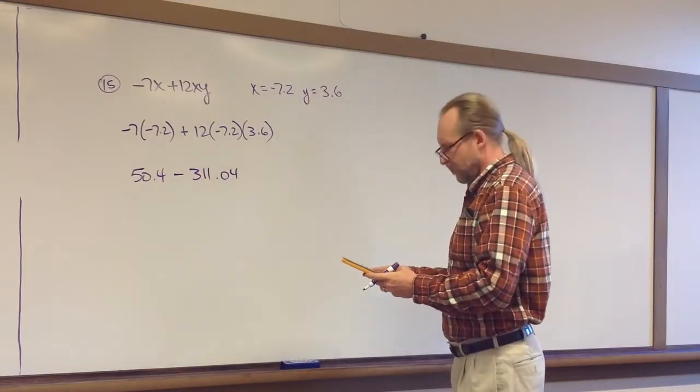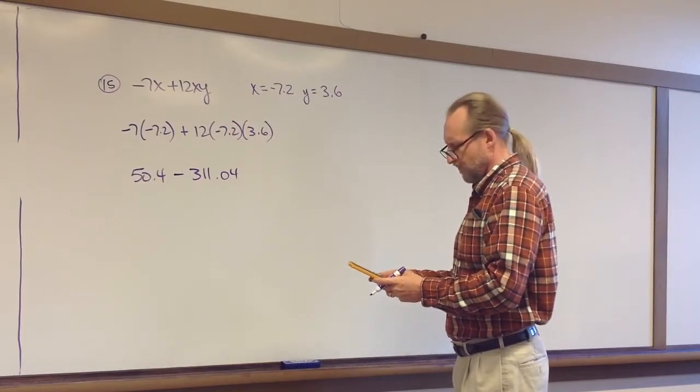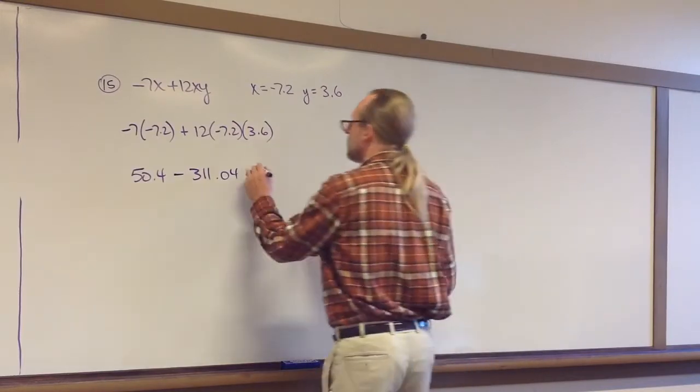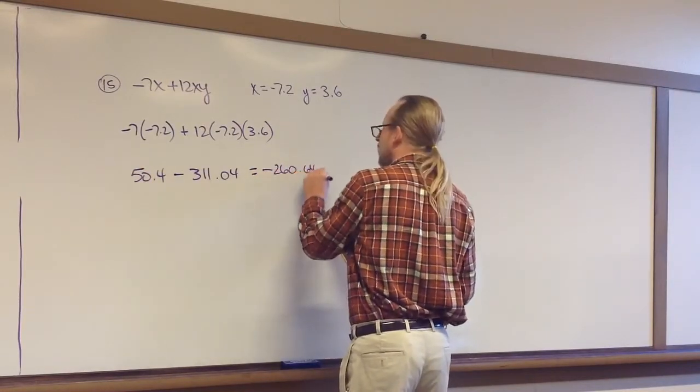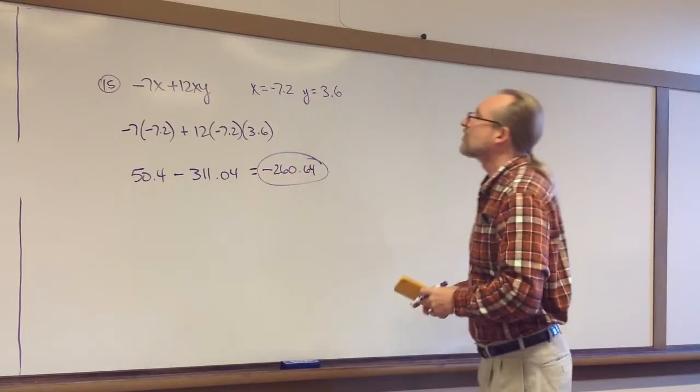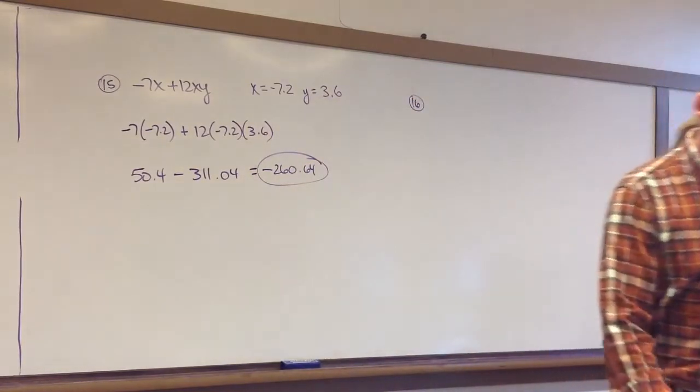And then we do 50.4 minus 311.04. And that gives us negative 260.64. Okay. There's problem 15.